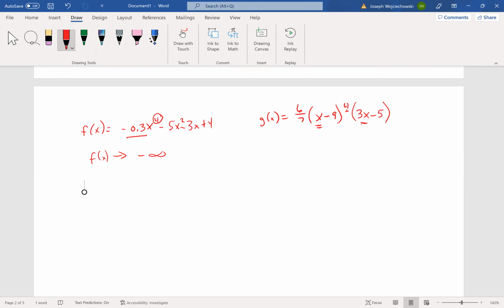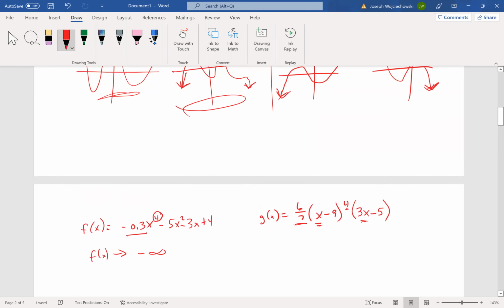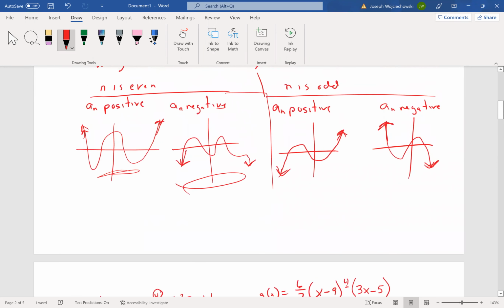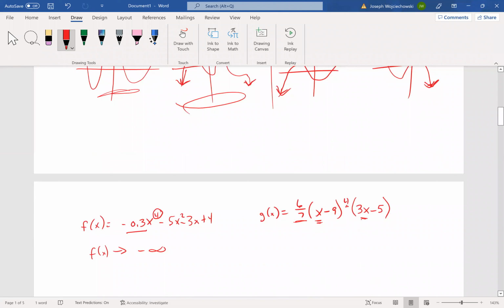So we're going to end up with x to the fifth. We have a positive a sub n and we have an odd n. So we're looking at this. So we're looking at down to the left, up to the right.